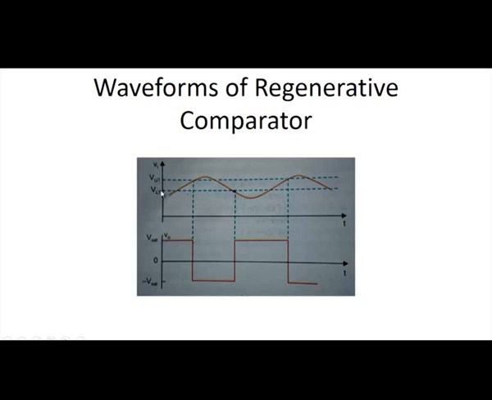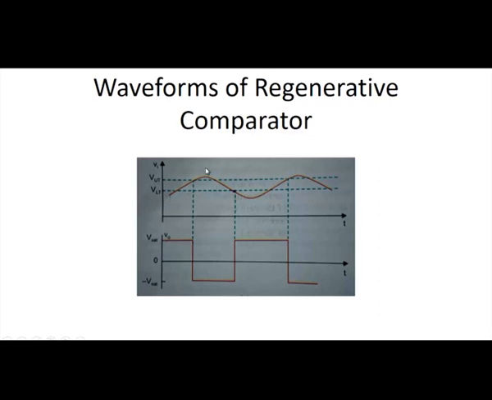So, here VUT as well as VLT, both are positive, and this is the output voltage of the regenerative comparator. We know that the sine wave is going to convert into a square waveform or a series of pulses based on the threshold voltages present at the positive terminal of the comparator.